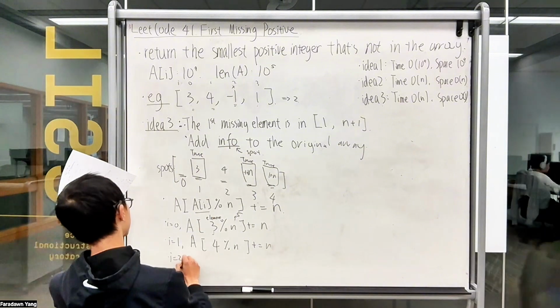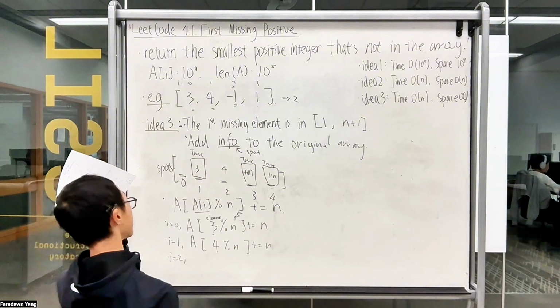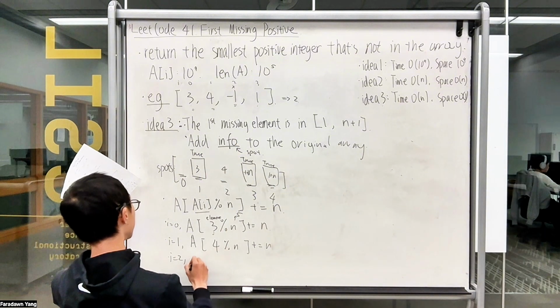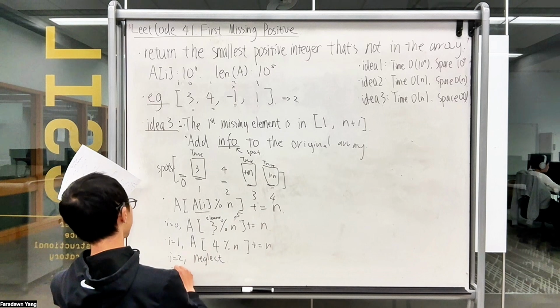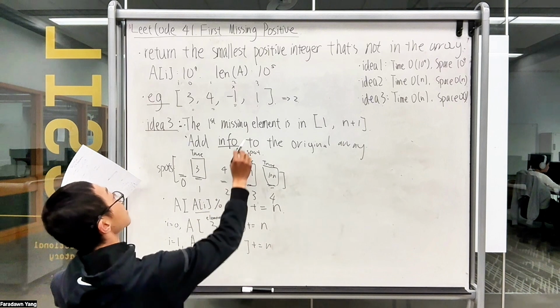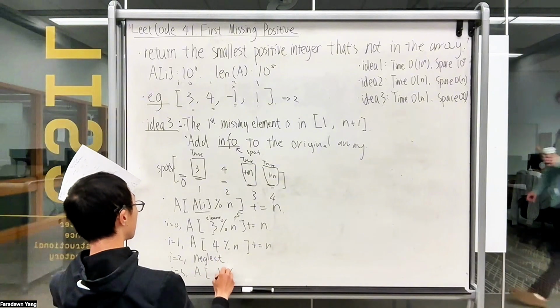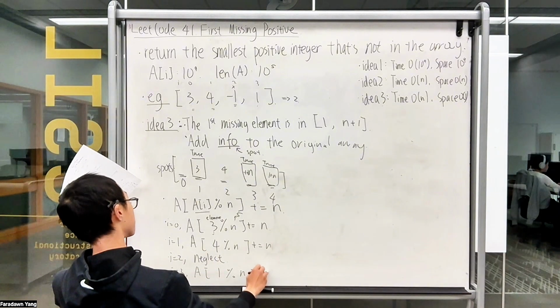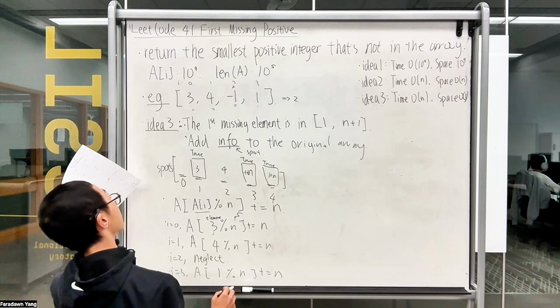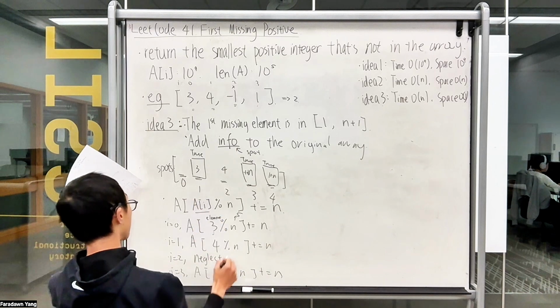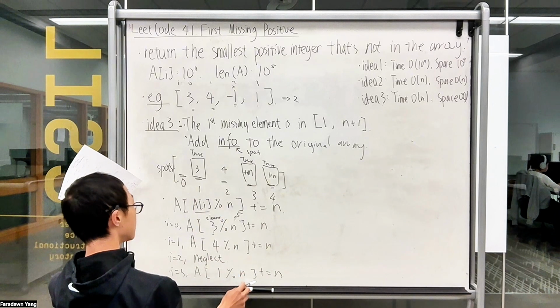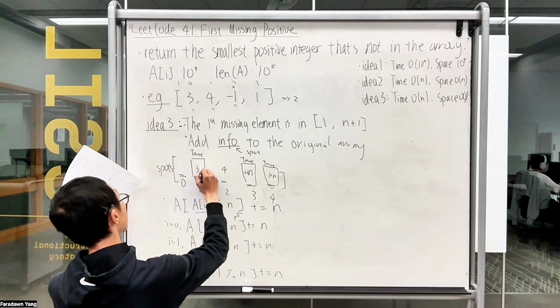Now for i equals 2, the element is -1, which we neglect. Now for i equals 3, the element is 1. So A[1 mod n] += n. 1 mod n gives us 1. Now we add n, so it becomes 3 plus n.